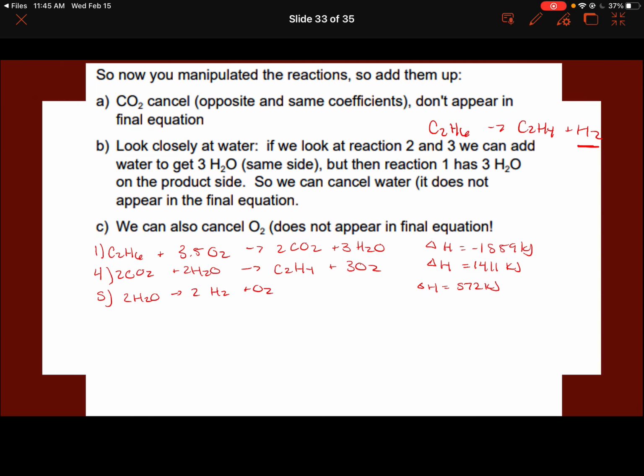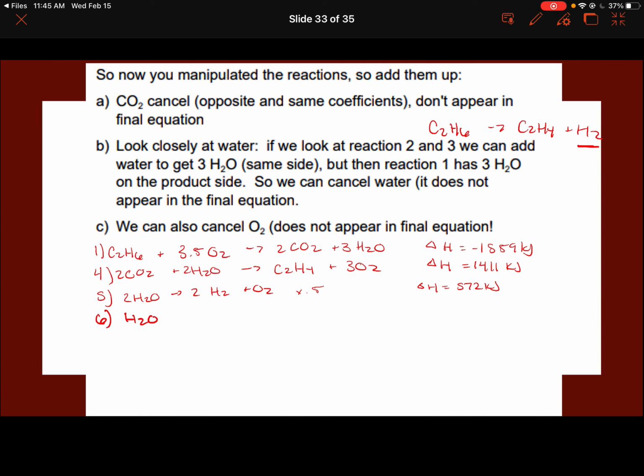So we're going to have to multiply by 0.5 to cancel that out. So we're going to have to multiply this entire equation by 0.5 in order to get rid of this 2.